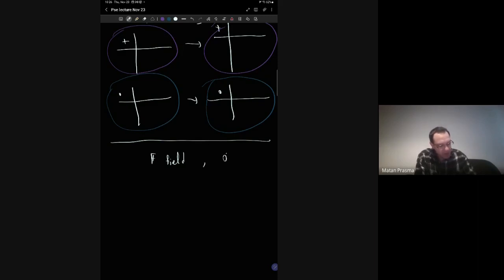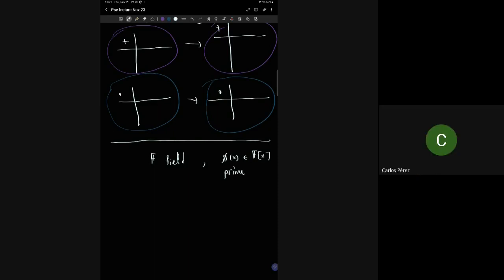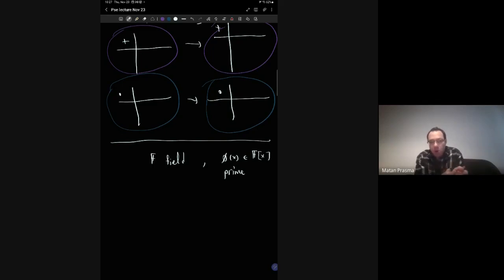And you take a polynomial over this field, which is prime. You remember the definition of a prime polynomial? Yeah, primitive polynomial. It means it cannot be decomposed into a non-trivial product of two polynomials. Of course, it could be a product of a constant and another polynomial, but it cannot be a product of two polynomials of degree bigger than 0.